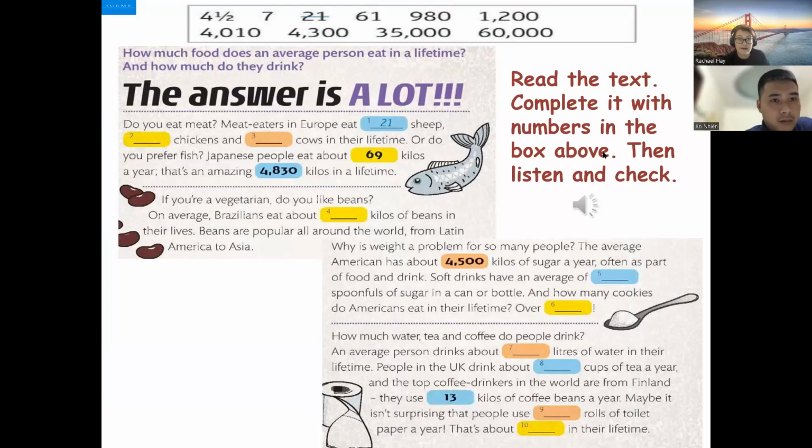So we have at the top 4.5. Okay, so here, if a number is written like this, that means 4.5. If it is like this, it is 4.25. You understand? Okay.